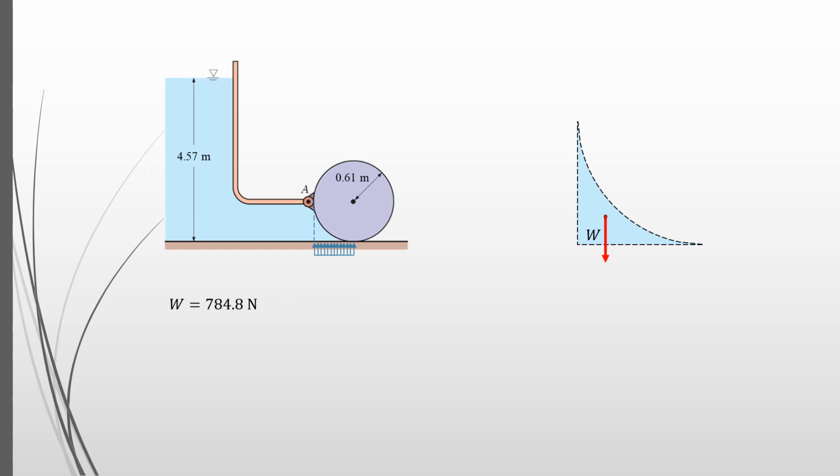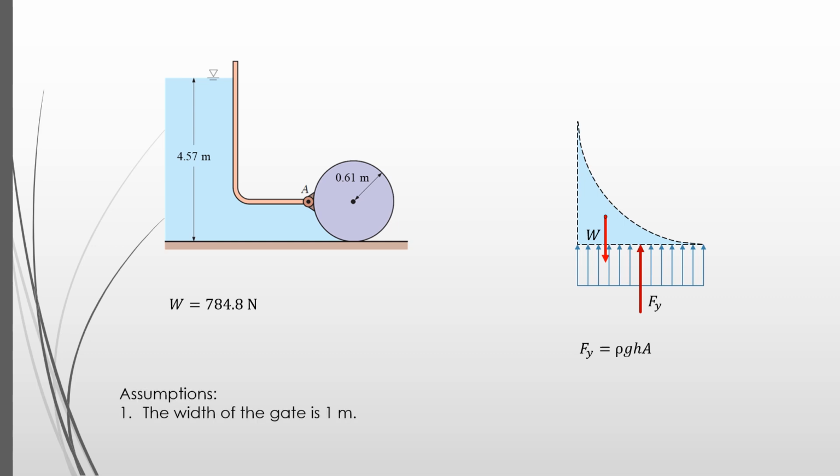Now, let's take a look at the base of the fluid block. The pressure distribution at the base of the fluid block is uniform. It is caused by the depth of water, which is 4.57 meters. This pressure distribution creates a resultant force Fy equals ρ g H A. Here we assume that atmospheric pressure acts on both sides of the gate and thus it can be ignored.